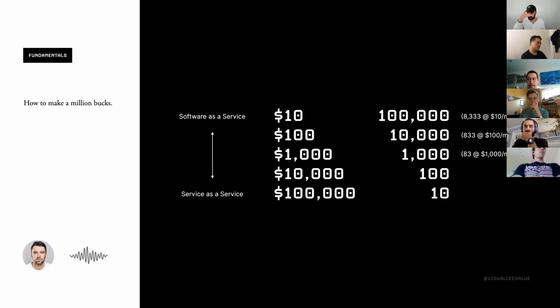So at the top, you have these unicorn software brands, not necessarily unicorn, maybe that's the wrong term, but software brands that put a lot of time, energy, and effort into slowly growing that base of people, versus a service business or a business that has higher cost but can charge a higher price. You need fewer clients on that side.